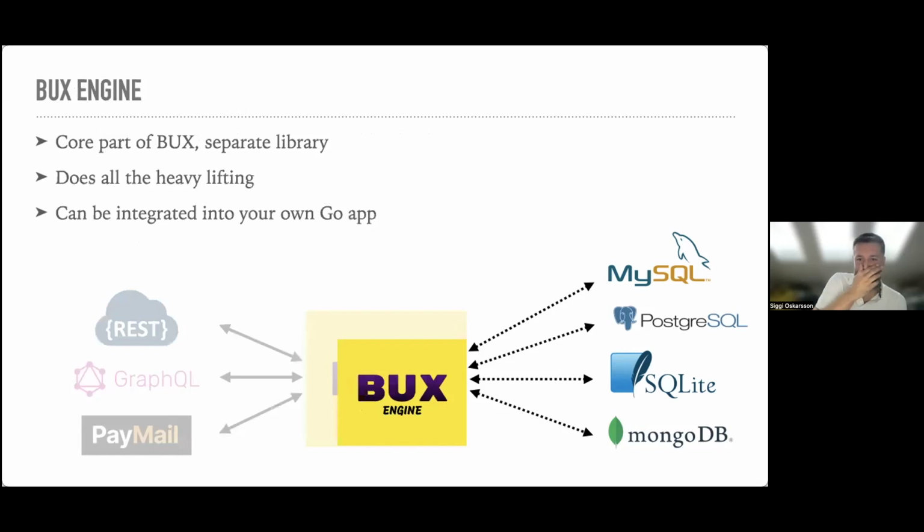Then the BUX engine is what's doing most of the stuff around all the core algorithms, but also the database stuff. That's a big part of the server. The server is just a little layer around that. And this is all written in Go. So if you have a Go app, you can integrate this into your Go app.